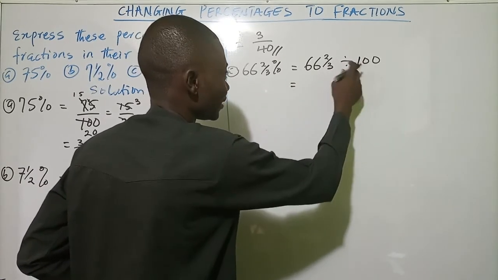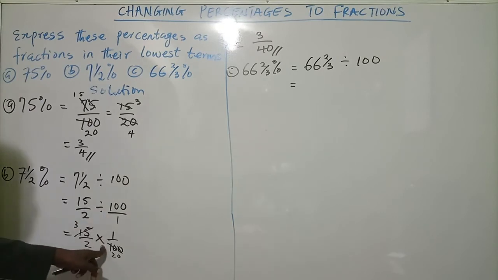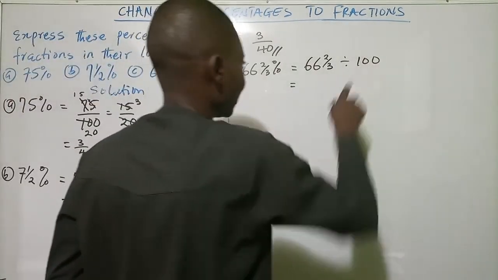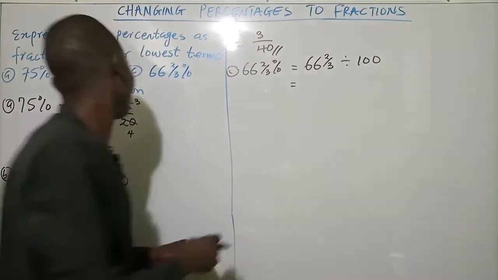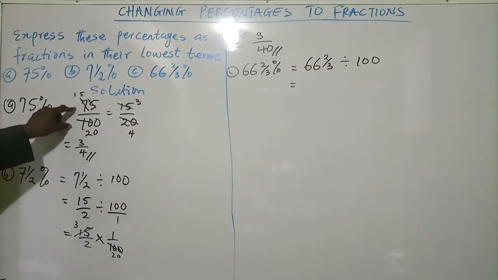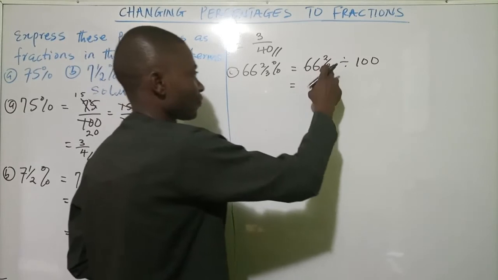It's good you write it like this so that it will be easier for us to change the division to multiplication and then divide. That is why it's important to write it like this, because we have a fraction here. But if we do not have a fraction, like in example 1, just express it like this, with 100 as the denominator. So this again we change to an improper fraction.